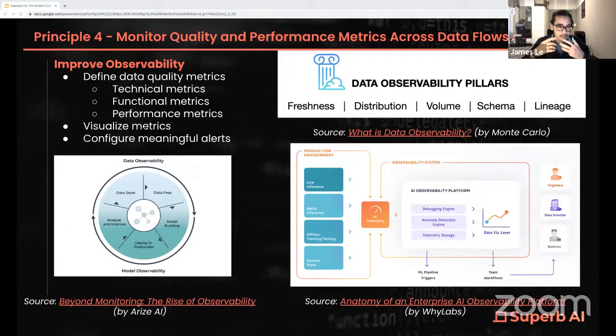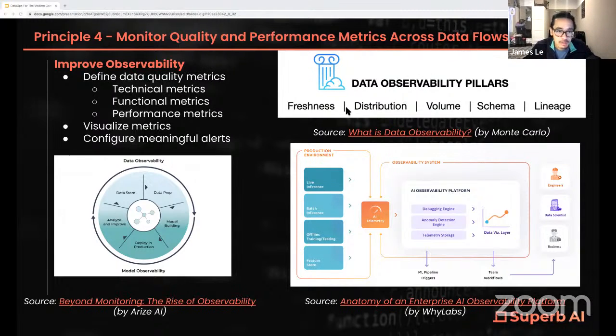And in computer vision, I could say that this concept of monitoring quality and performance metrics is also called observability. There are a couple of good vendors in the space that have published a lot of thought leadership content about bringing observability practices to machine learning in general.